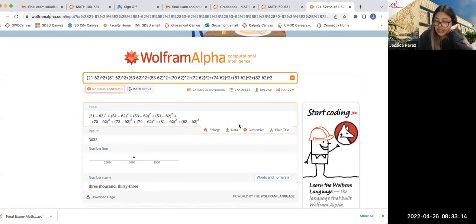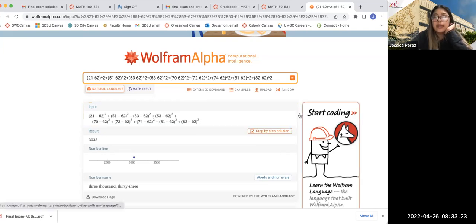So you're going to take that number, you're going to take the square root of 3033 all over n minus 1. So remember, n is the total number of data. So we have 1, 2, 3, 4, 5, 6, 7, 8, 9. We have the square root of 3033 divided by 9 minus 1. We have the square root of 3033 divided by 8.